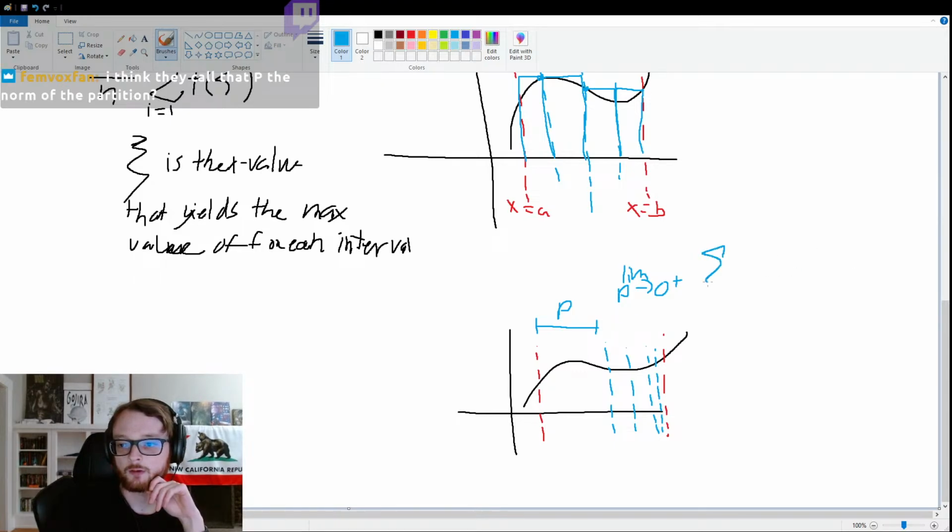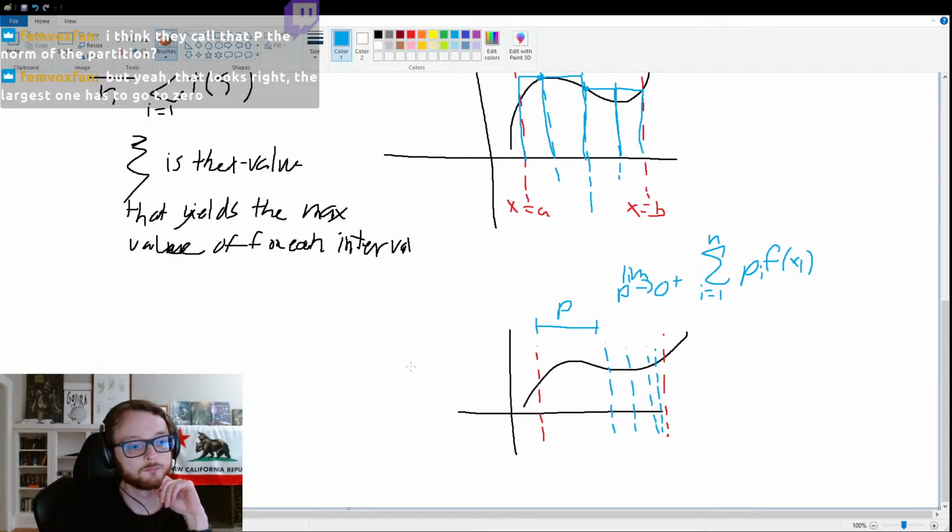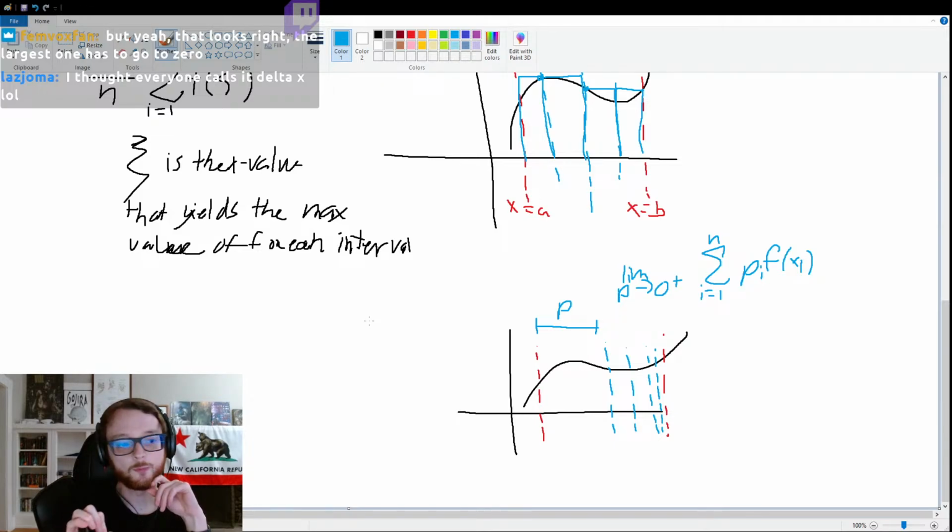How do you define an integral from here? Like, probably just P times F of something. Like P sub I times F of X sub I. Like, probably just keep it simple. Yeah, because the largest one going to 0 forces all the others to be smaller.